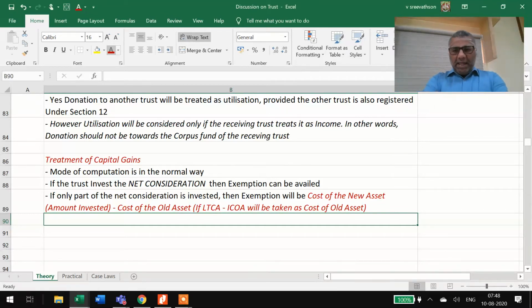This is the exemption. The entire net consideration should be invested. Otherwise, I will give you only a partial exemption, that is amount invested minus cost of the old asset will only be claimed as deduction. The balance capital gains is taxable at the special rate.